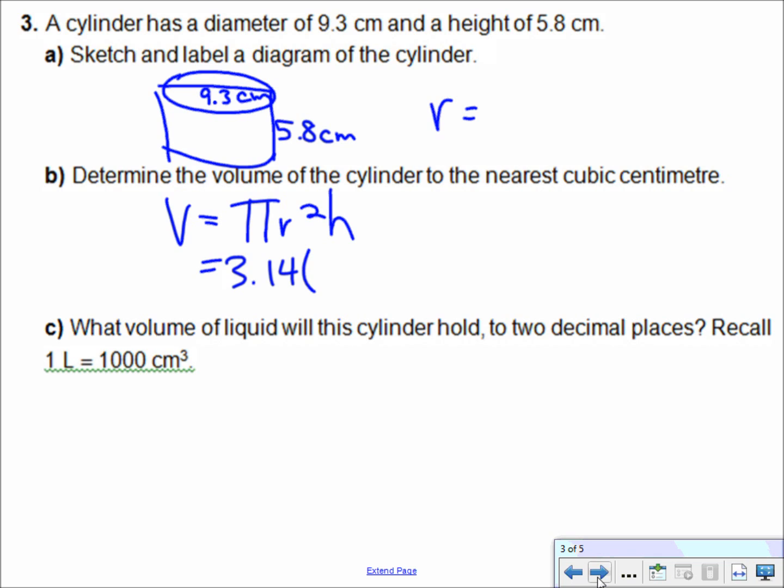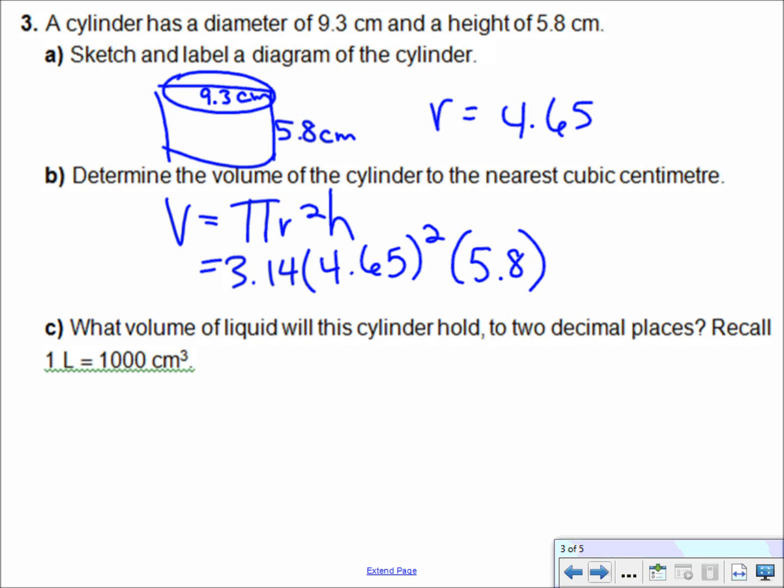I'm using my calculator. 9.3 divided by 2 gives me 4.65. I'm going to keep all of my decimals at this point. I'll round at the last point, because if I drop them as soon as I square it, I'm losing accuracy.